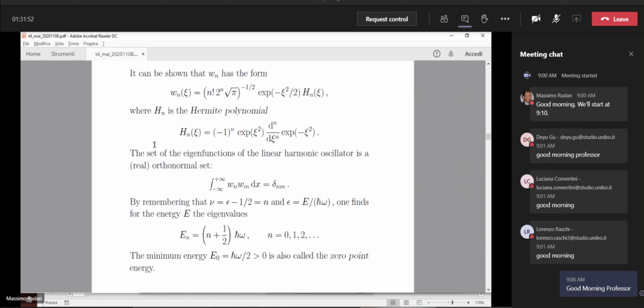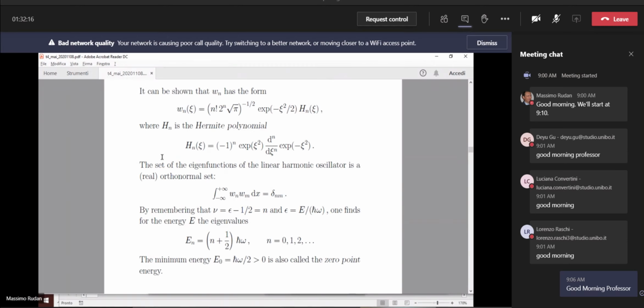This energy is called the 0-point energy. This is intuitive if you remember the general properties of quantum mechanics, because when the wave functions are normalizable, then the minimum value of the total energy must be strictly larger than the minimum of the potential energy.